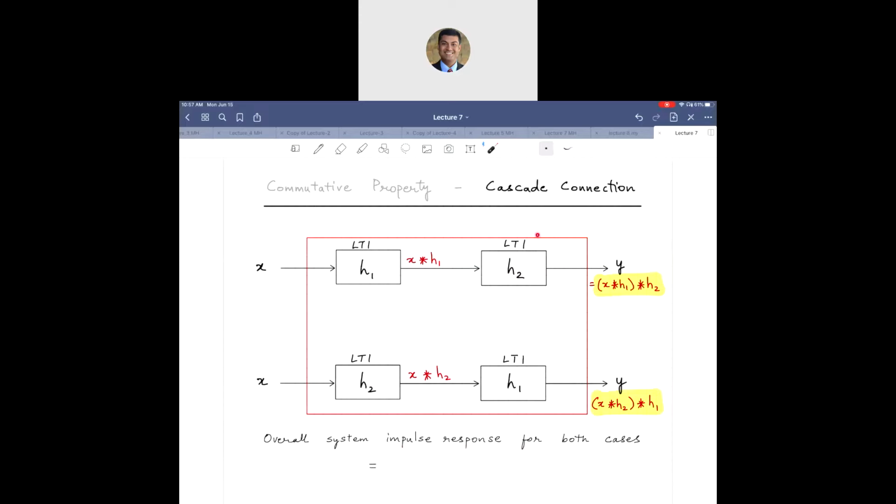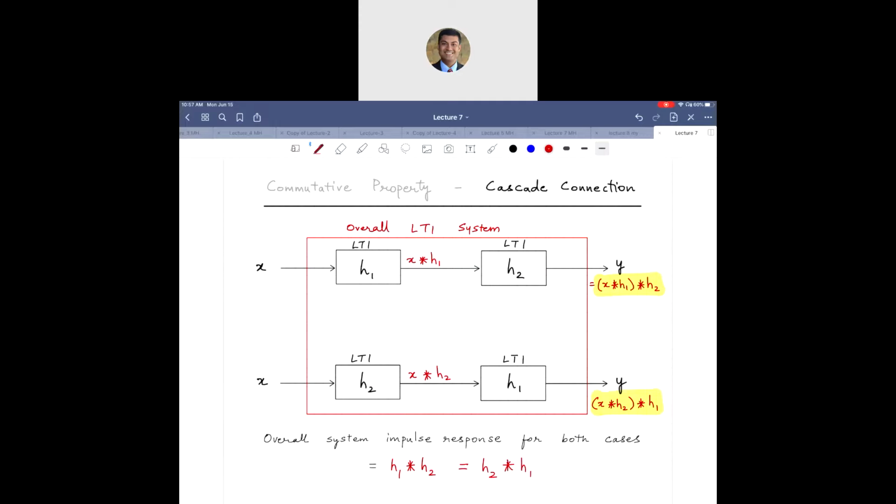So if we consider the entire red box as the overall LTI system, then the overall LTI system impulse response in both cases is h1 convolved with h2, which should be the same as h2 convolved with h1.